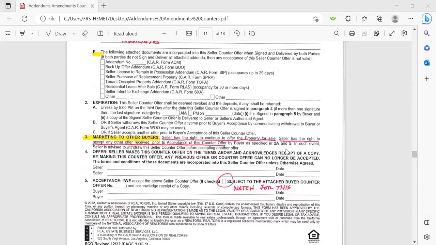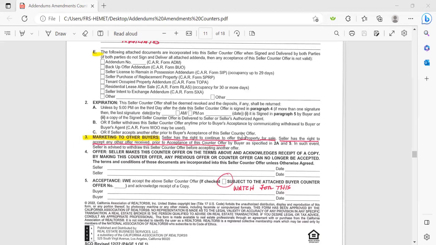Okay, let's see. Oh, this one I love. People don't pay attention to this. Nobody knows. Okay, so I sent out a counteroffer, and you have, based on this up here, until 5 o'clock on the third day after the date of this counter. So everybody thinks that they have 3 days to think about this and all of that.